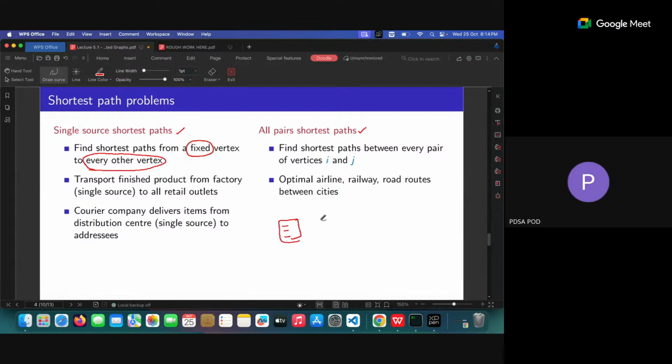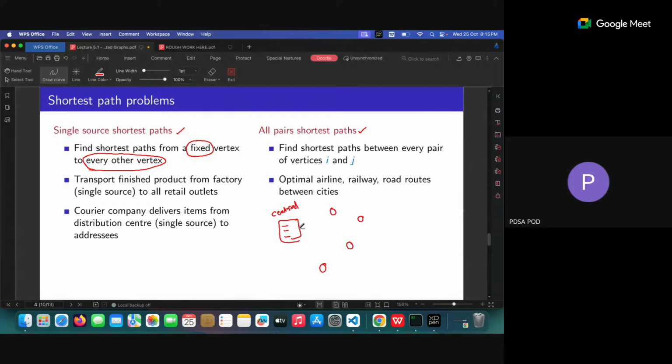From here you need to distribute them to different retail outlets. For that distribution, we try to find the shortest path in terms of distance or cost. Please remember, because weights are associated.